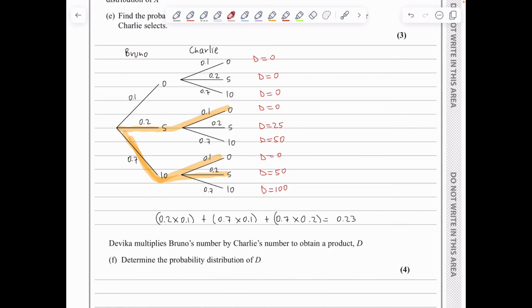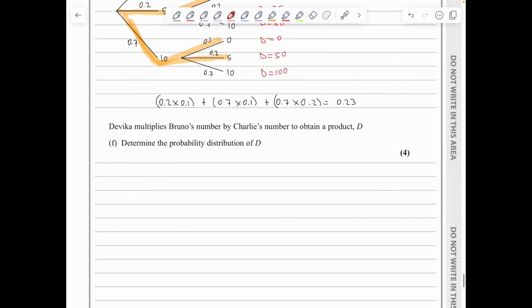So for the probability of D is 0, this is simply going to be the 0.1 times 0.1 plus the 0.1 times 0.2 plus the 0.1 times 0.7 plus the 0.2 times the 0.1 plus the 0.7 times the 0.1, and this gives an answer of 0.19.